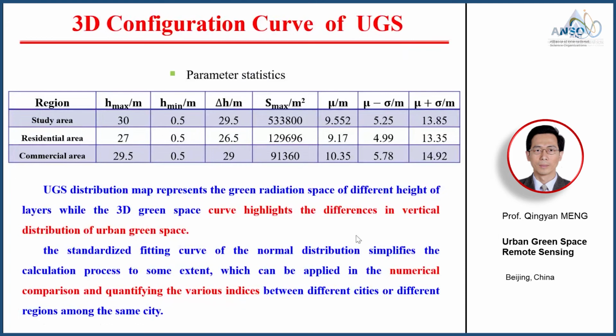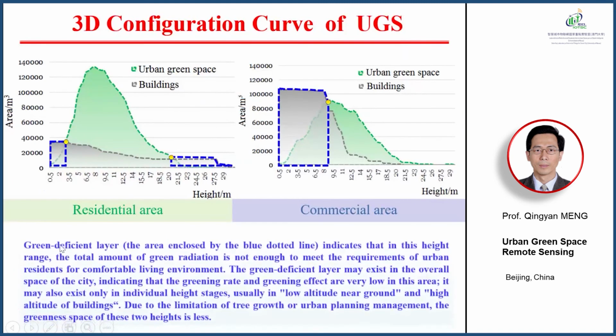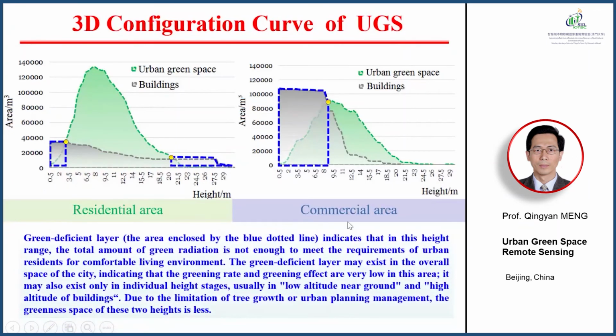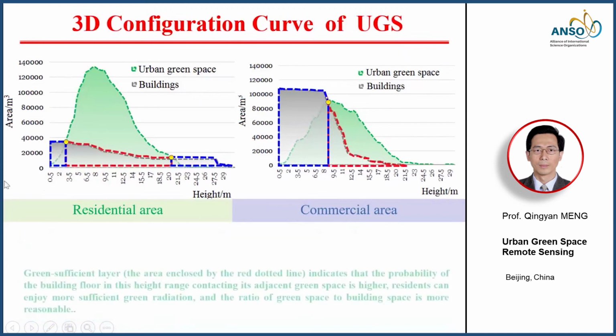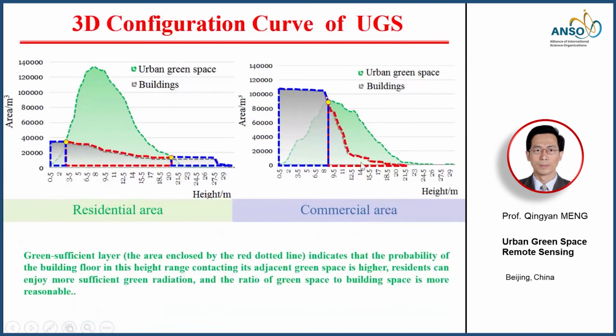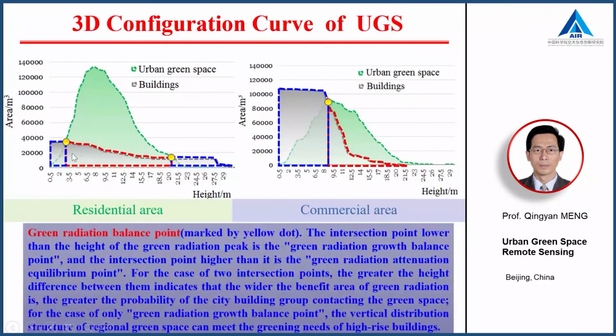And the standard fitting curve of the normal distribution simplifies the calculation process to some extent, and can be applied to the comparison and quantification of the various indices. Then in the residential and the commercial areas, the green deficit layer is different, and so are the sufficient layer and the gradient green radiation balance point.